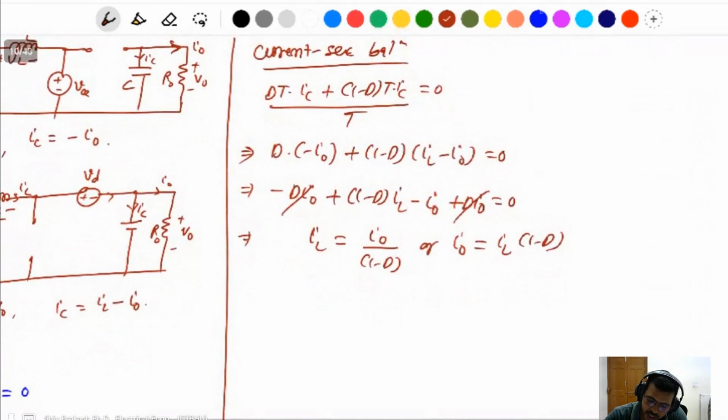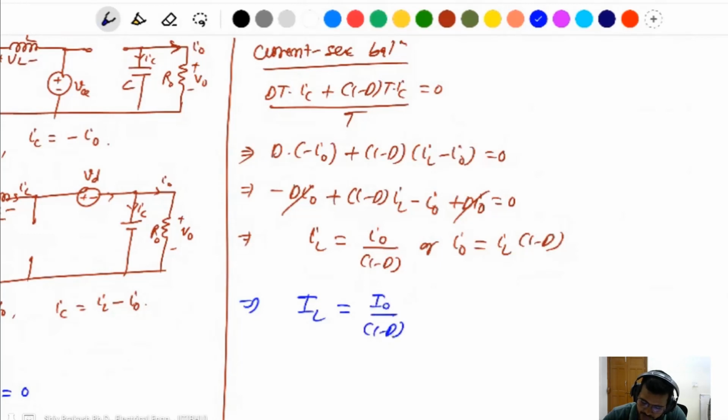All of these are average values, that's why I have written it in the calculator.